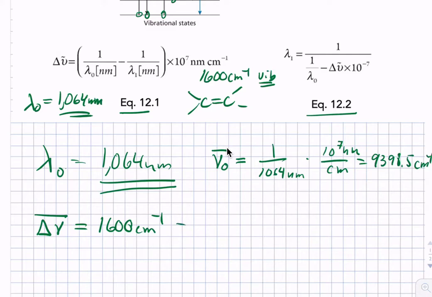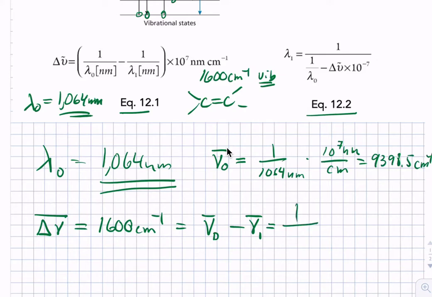If we calculate that as the incoming wave number minus the outgoing wave number, that should be 1600 in our case. But we actually want the wavelength of the outgoing photon. So let's convert things to wavelength.